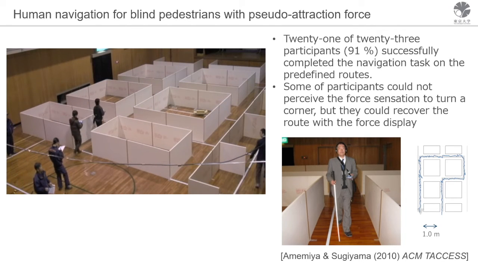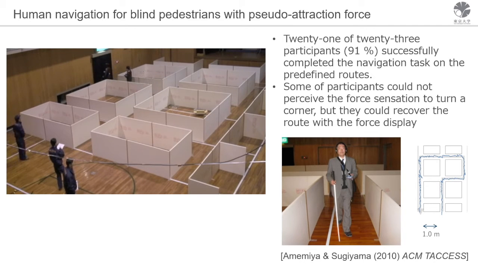So we asked the people with visual impairment to walk as they felt the force direction, and 21 of the 23 participants successfully completed the task of the navigation on the predefined route. Which means walking from the entry point to the end point with four turns.